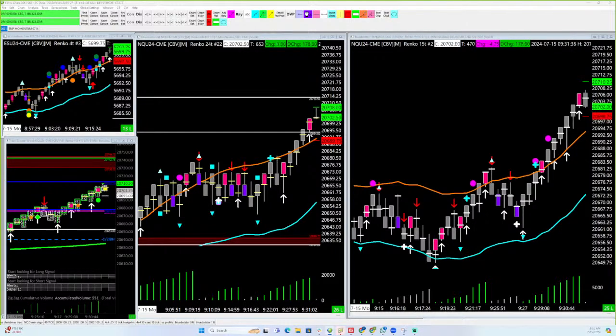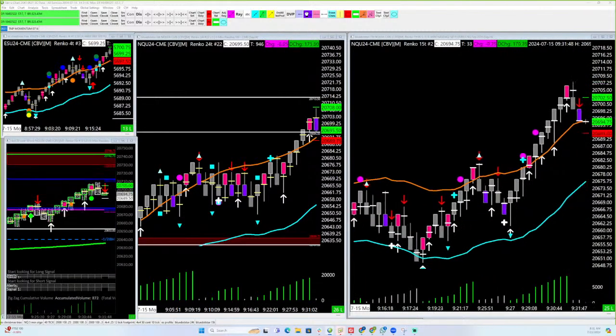Here comes the 710. Choo choo. We usually poke our head right above it. Not always. This should turn out to be this right here, our most powerful trade in our book.